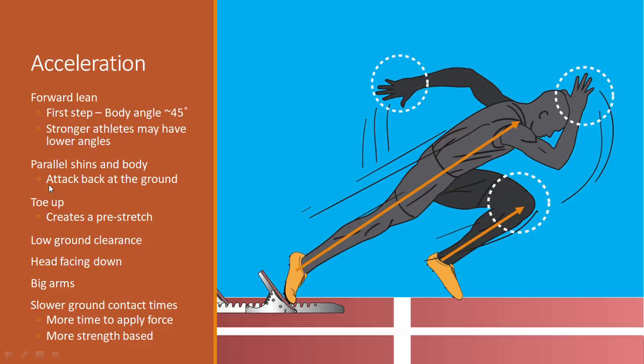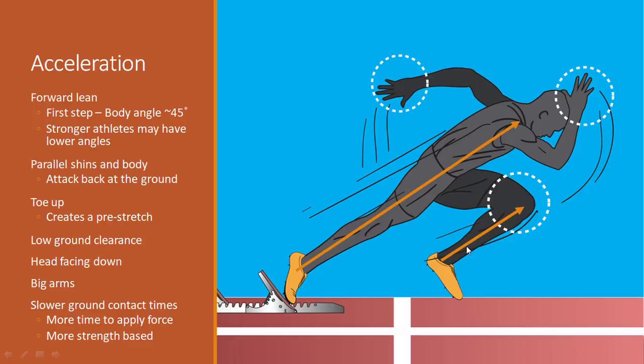Again, we have parallel shin and body angles. We can see here this shin and this shin are pretty much parallel, as with the body line and both shins as well. If his lower leg is somewhere around here, he's not going to be able to attack back at the ground as he would with this position here.